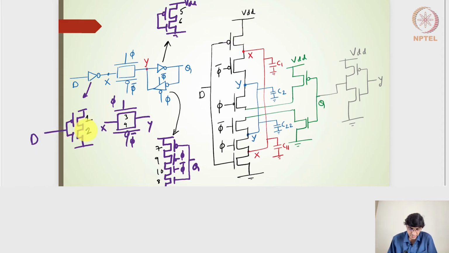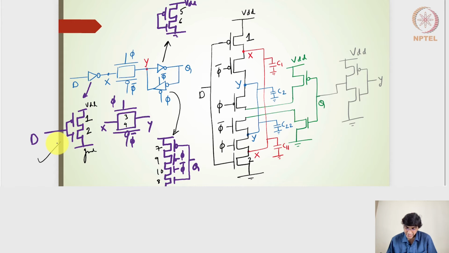The D signal is going to transistors 1 and 2, which are closer to the VDD rail. So this is VDD and this is ground. Right, so transistor number 1 is here, transistor number 2 is here, and that is where the input D is going. The transistors are closer to the VDD and the ground rail. So that is good. So this is done.